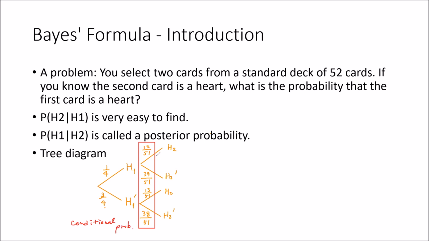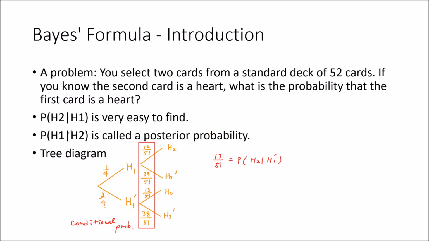You need to understand the meaning of these probabilities, okay? For example, 13 out of 51 is actually the probability of H2 given H1 prime. Okay, so this is the tree diagram.